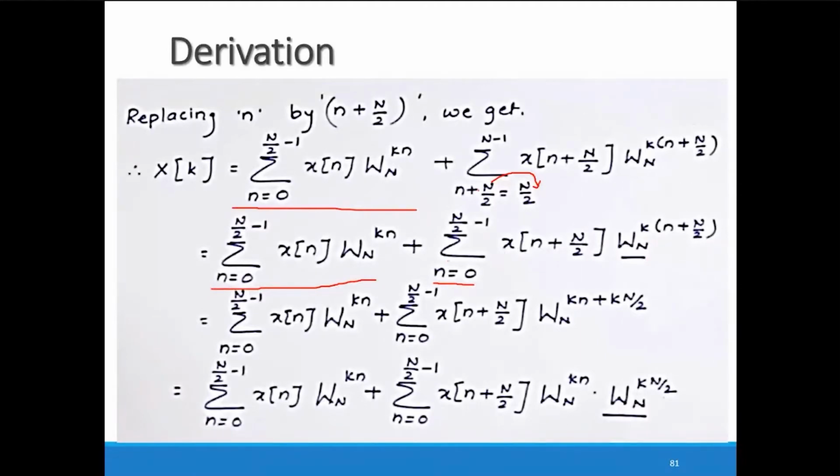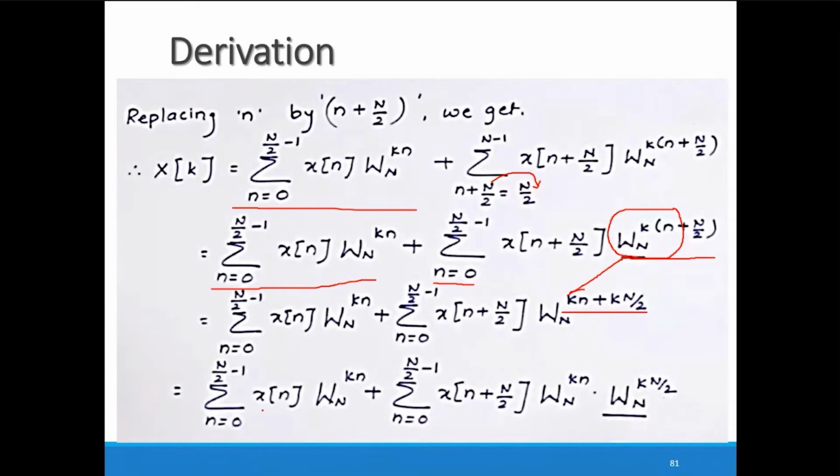After simplifying the summation range, now we expand this twiddle factor. So here it will be divided into two terms. First is omega N raised to kn plus kN by 2. Omega N raised to kn is the first part, and then omega N raised to kN by 2.